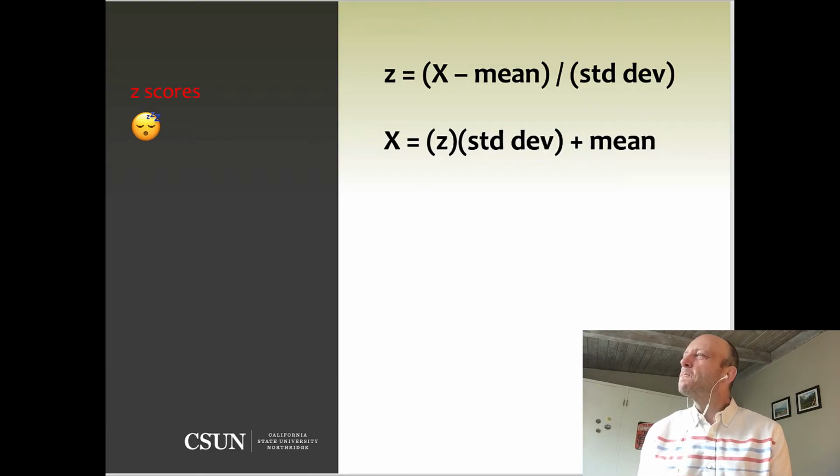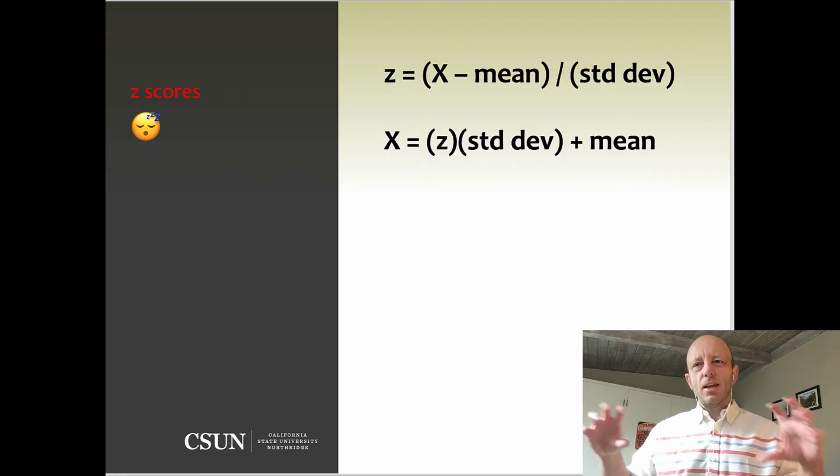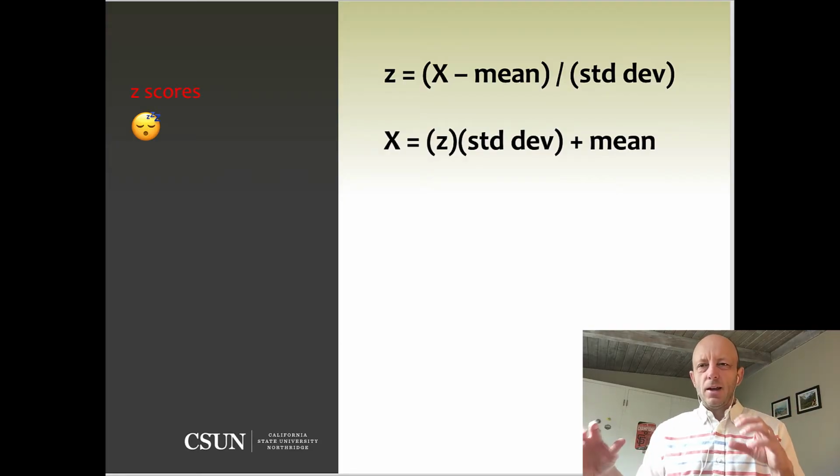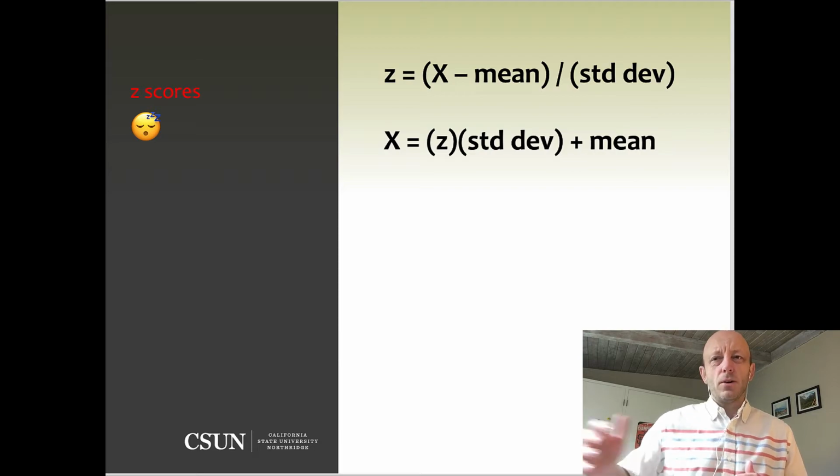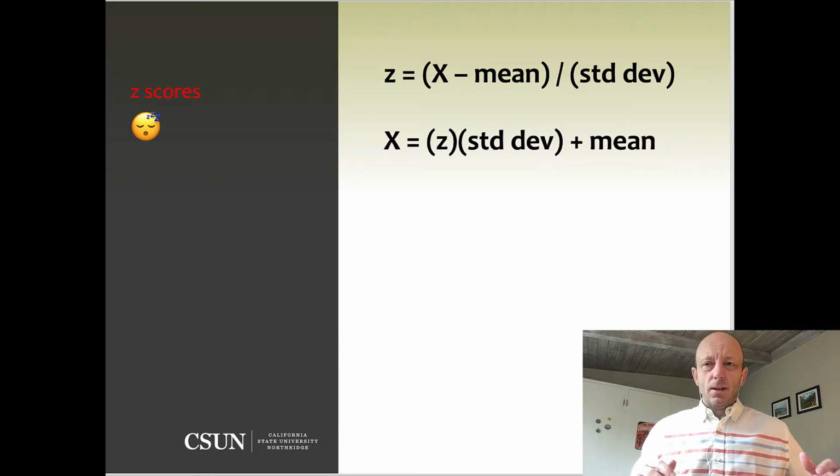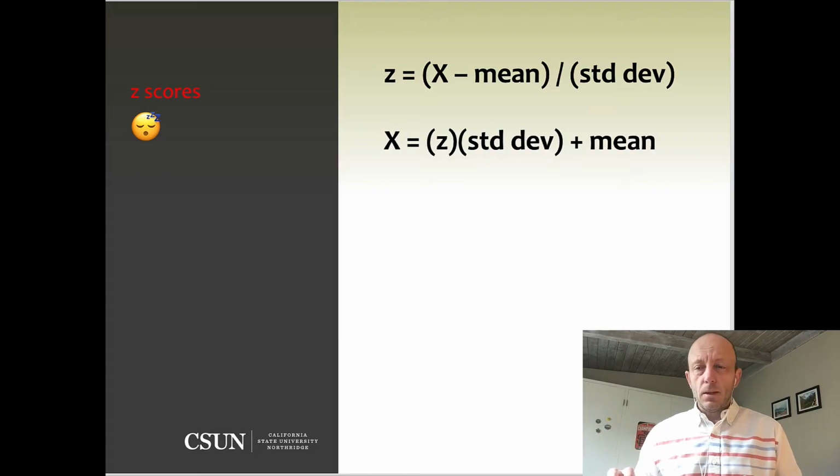But it's also in particular useful if you're trying to take 2 different scales. Let's say we have 2 different exams and one of them's 1 to 100 and the other one's 1 to 10. And you want to compare the 2 equally. Then you convert them both to z-scores and you can do that.